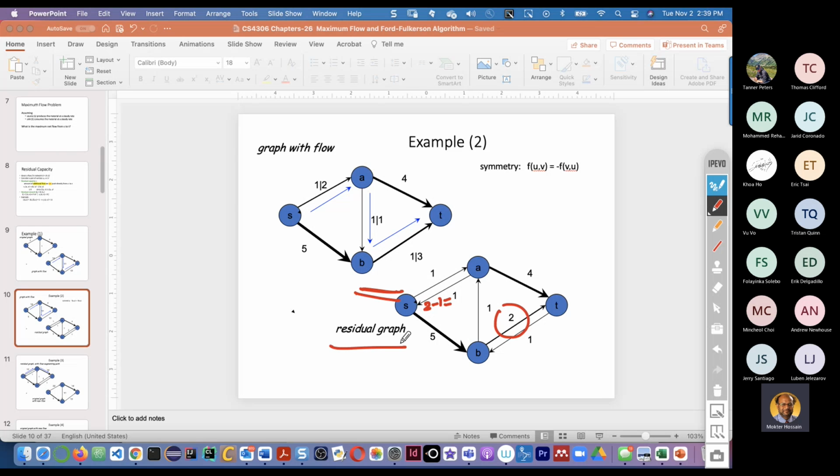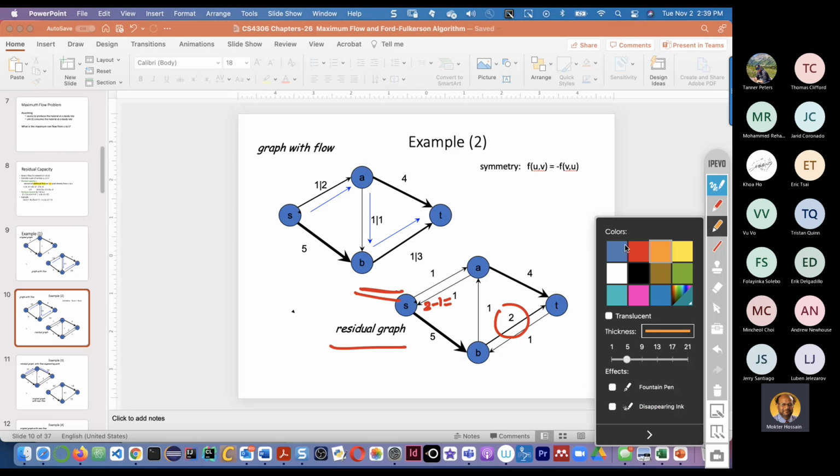Okay, so this is called the residual graph. I think there's a mistake over here. It did not show the path. It should be 1 unit.